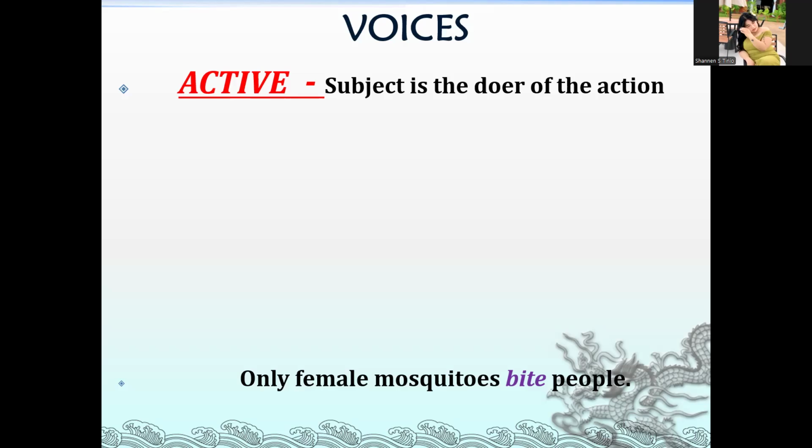The team plays basketball every weekend. The artist paints beautiful sunset. The teacher teaches grammar to the students, and I read a book before going to bed. Okay? So that's what you call an active voice, meaning the subject of the sentence is the actual doer of the action. Okay? Do you need any clarification about that?